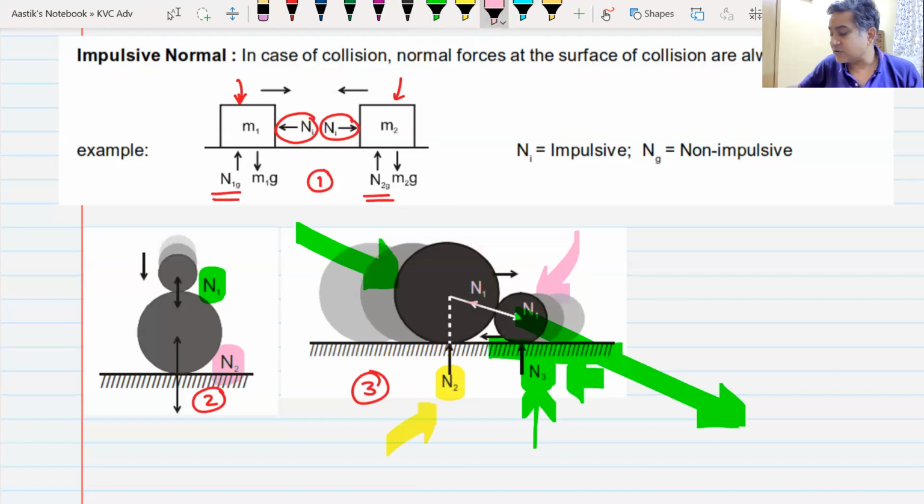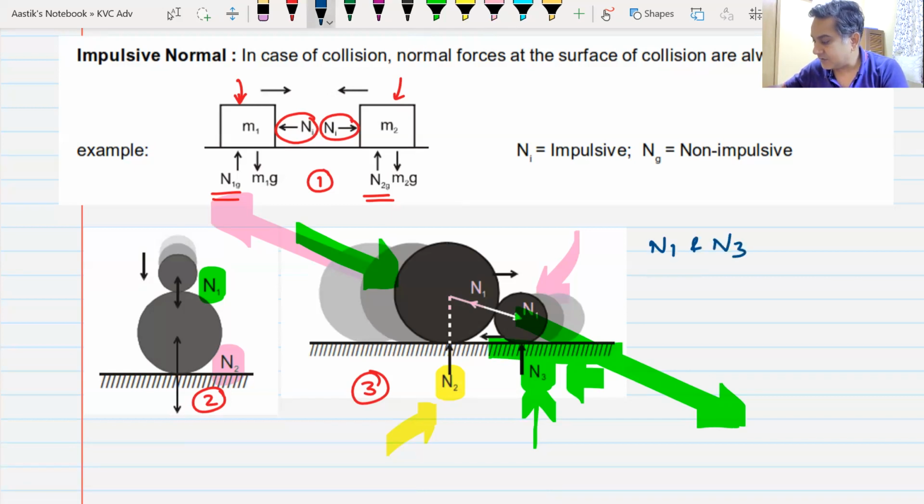The bigger ball actually wants to fly away like this. Yes or no? Yes, sir. It can fly away. The normal reaction is not stopping it from flying away. Are you getting my point? Yes, sir. So the normal reactions which are impulsive here are N1 and N3. N2 is non-impulsive. Do we understand this?